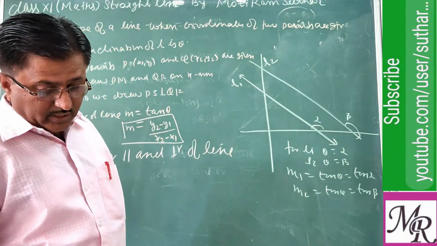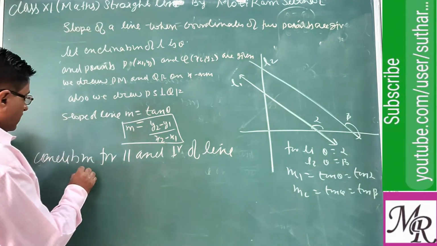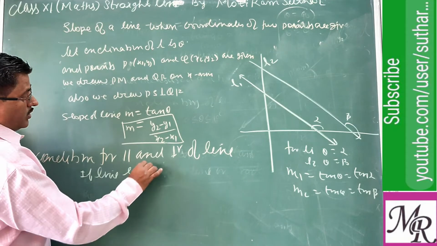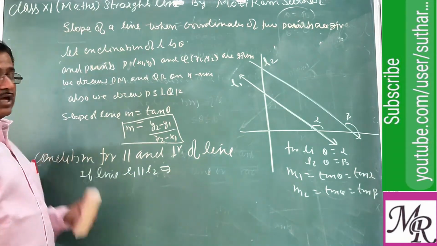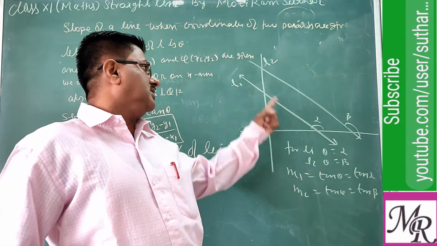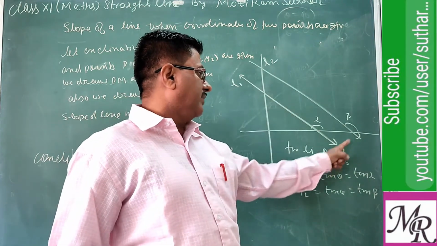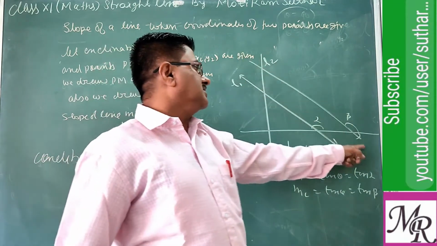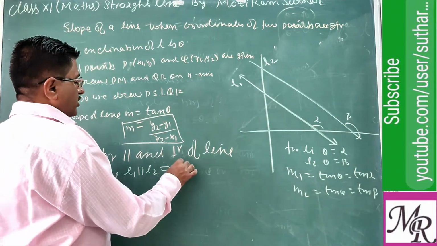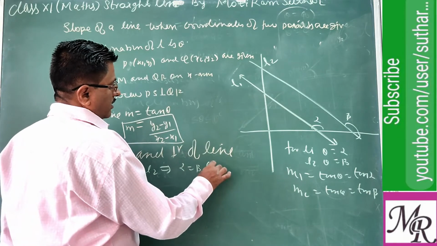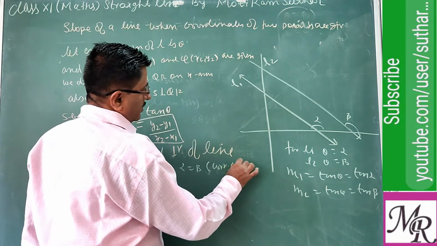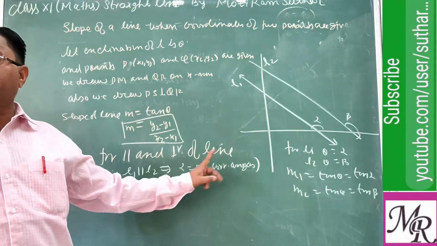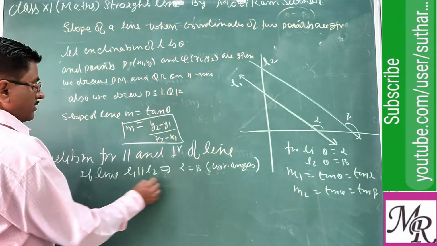Now we know that if line L1 is parallel to L2, then as we know from geometry in the previous class, if two lines are parallel, then their corresponding angles are equal. If alpha equals beta, then their tan is also equal.